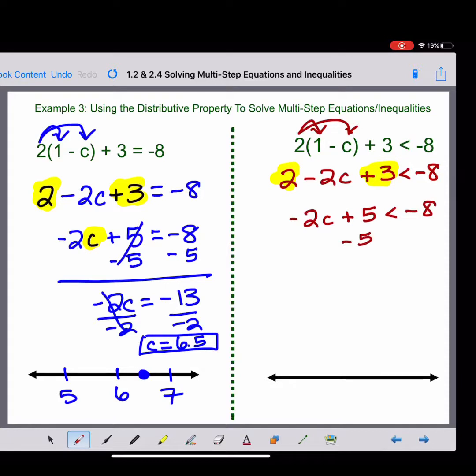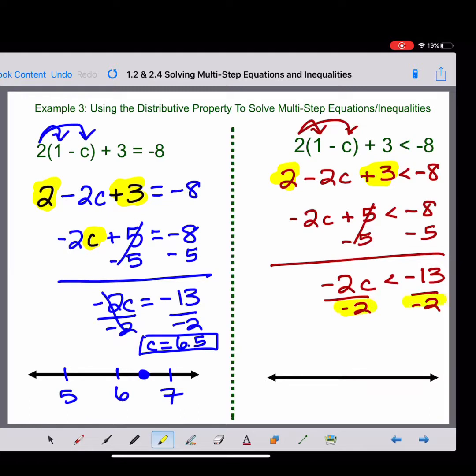I subtract 5 from both sides, just as we did before. So negative 2c is less than negative 13. And I divide by negative 2, just like before. The only difference now is since I am dividing by a negative value, my inequality does flip around, so it's going to become a greater than symbol.